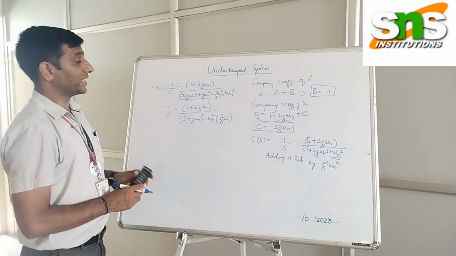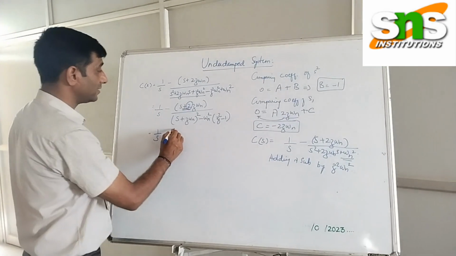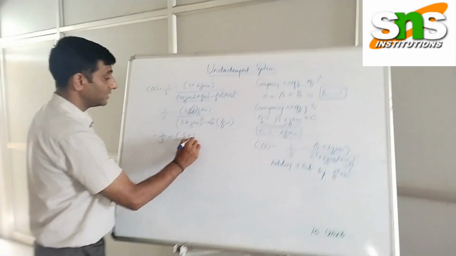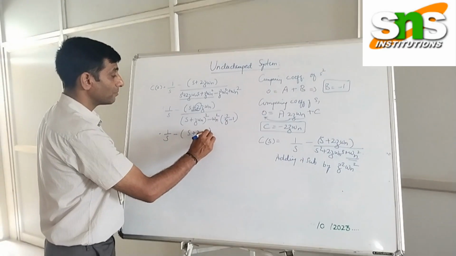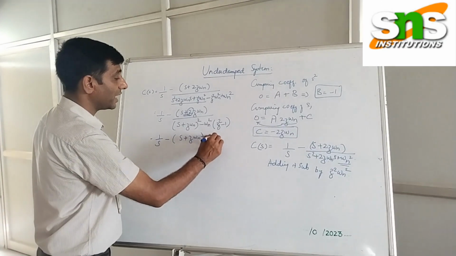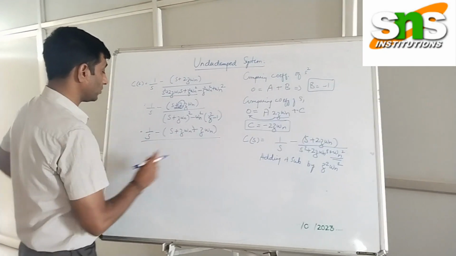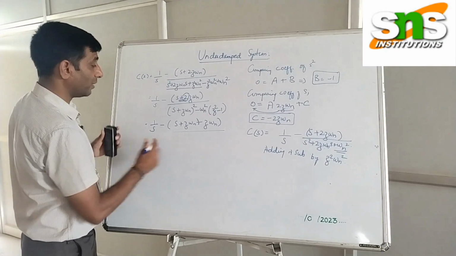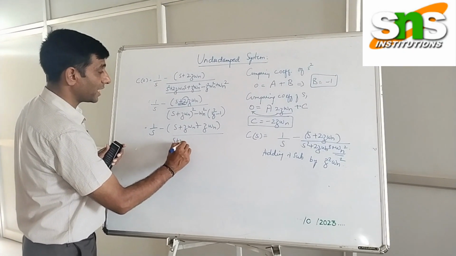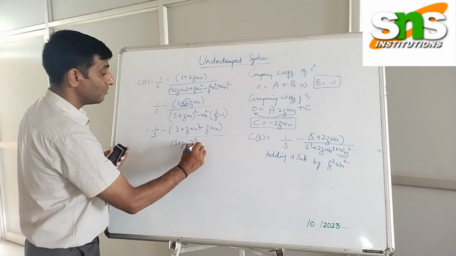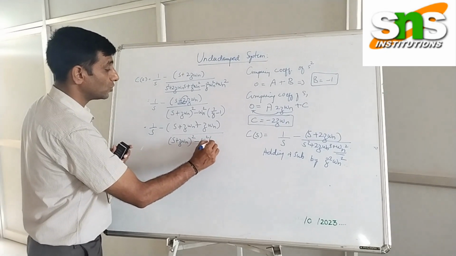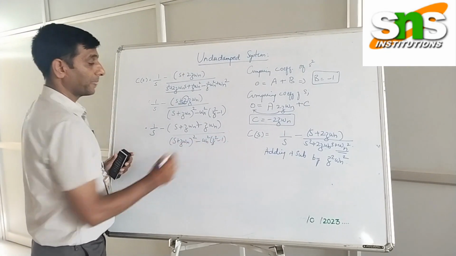So it is s plus zeta omega n plus zeta omega n, the whole thing divided by s plus zeta omega n the whole squared minus omega n squared into zeta squared minus 1.